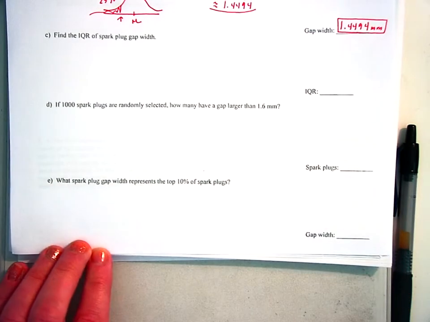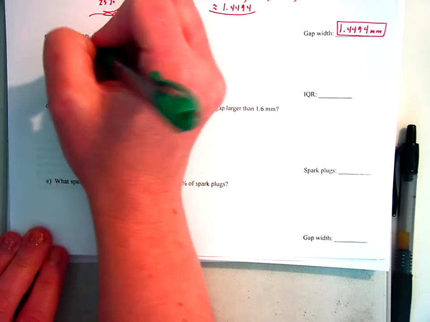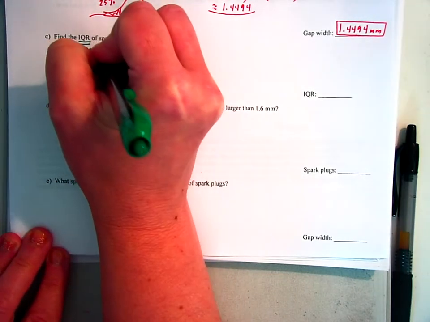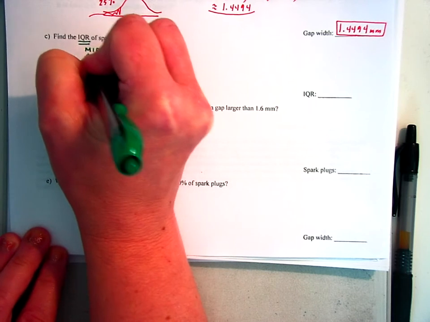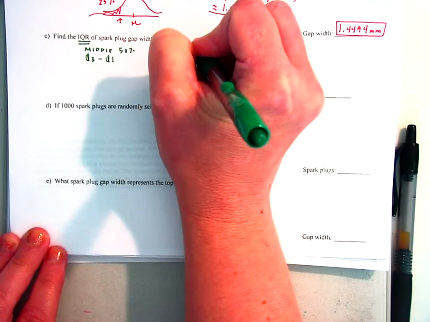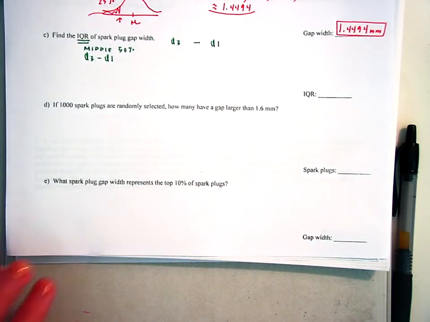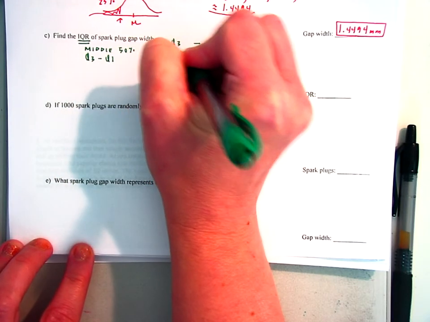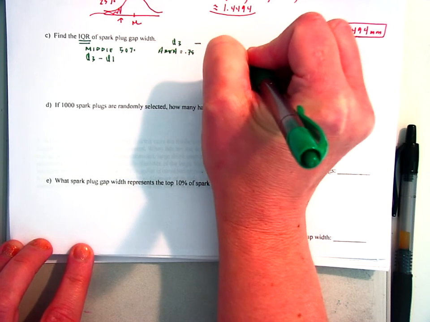All right, find the IQR of spark plug gap width. So IQR, we know that that is the middle half of our data, the middle 50%. So we're looking at the Q3 minus the Q1. So we want the range of the middle half of data. So here we know that this would be the area below of 0.75, and here area below of 0.25, right?